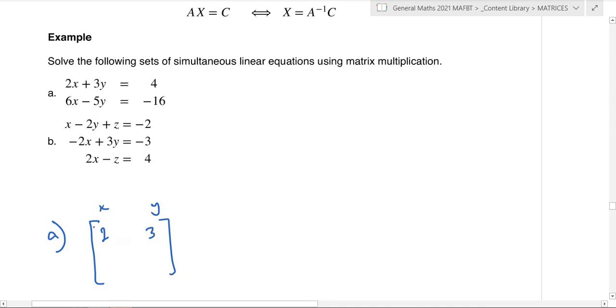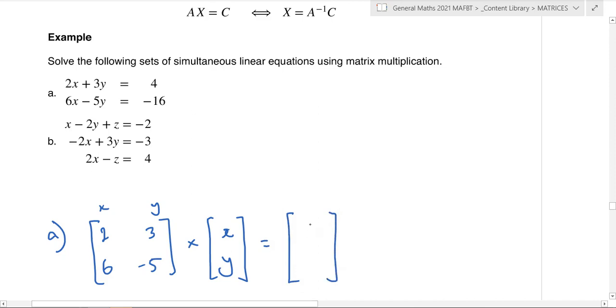That's for the first equation. Second equation, you've got 6X, -5Y, multiplied by your unknown matrix, X times Y, equals the answer matrix, 4 and -16.